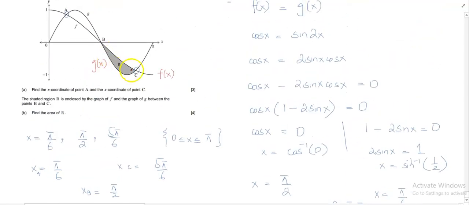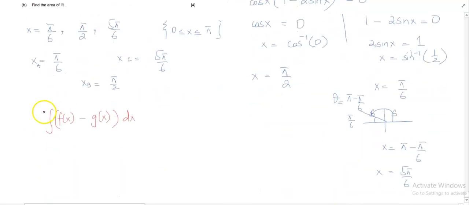Like if I want to find out this particular region, I'll put f of x at the top and then subtract g of x from it, whereas the limits that I'll be substituting are going to be B and C. The x value at B is pi over 2 and at C it was 5 pi over 6. So when I integrate that, I will eventually get the area.